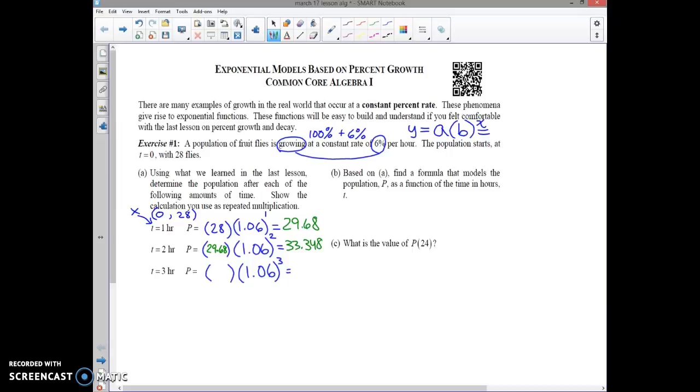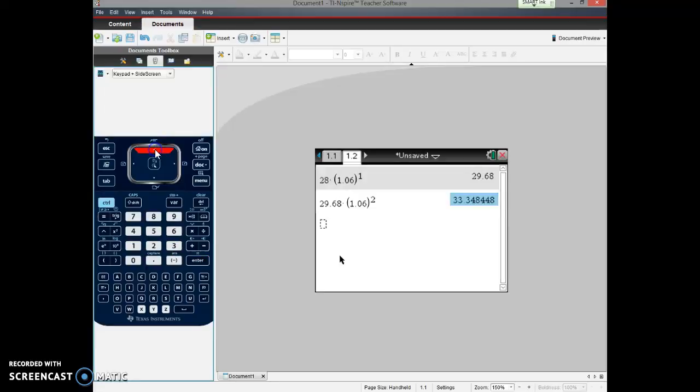But please remember that in our calculator, we're plugging in what was there before, actually copying it so we don't round so early. So I'll put 33.3, but really in my calculator, I'm going to copy that, still multiplying by the growth rate, which is 100% plus another 6%, for the third hour.